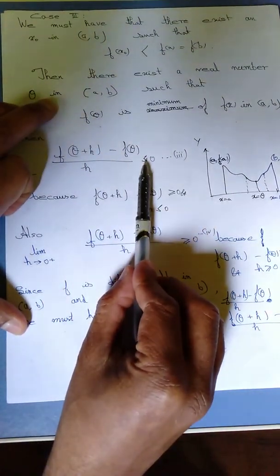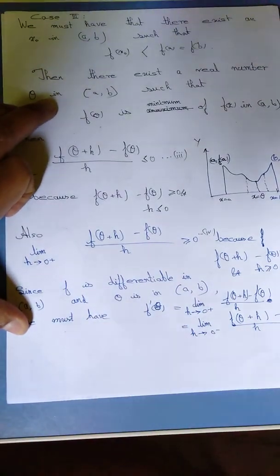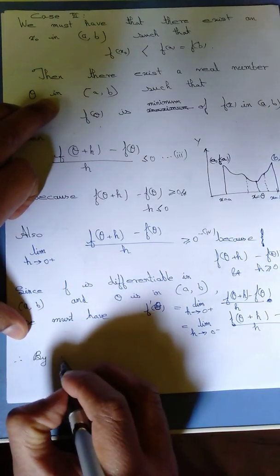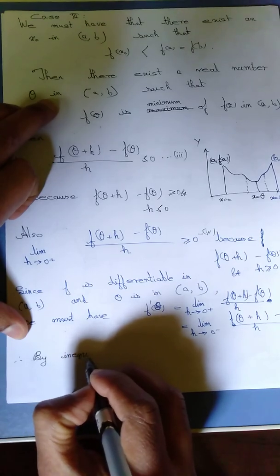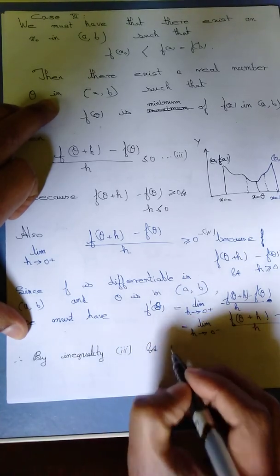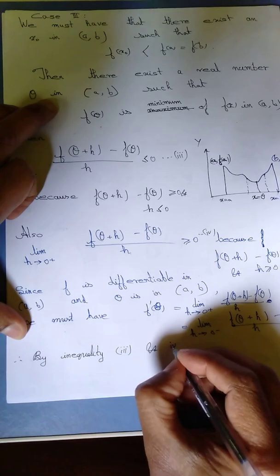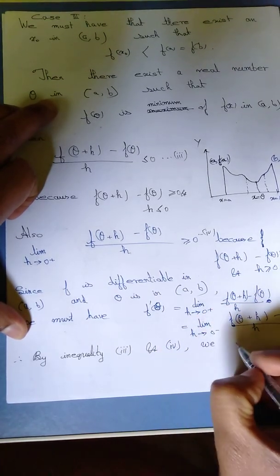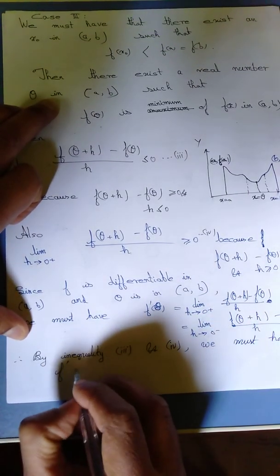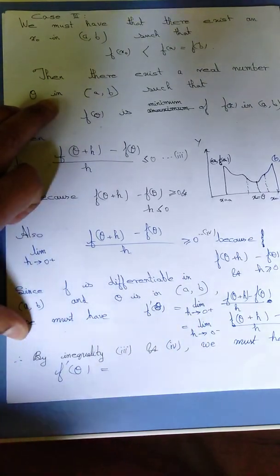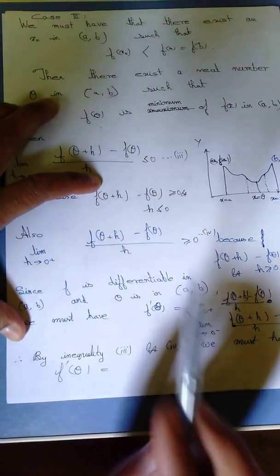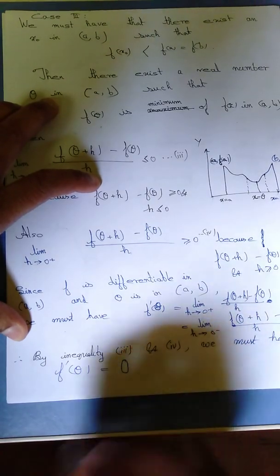In one case we have less than or equal to 0, in one case we have greater than or equal to 0, so the only choice is therefore, by inequality 3 and 4, we must have f dash theta equal to, in one case less than or equal to 0, in one case greater than or equal to 0, so it is exactly 0.